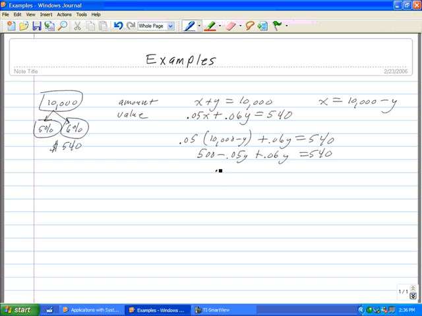Combining like terms, 0.01y plus 500 equals 540. Subtract off the 500. Get 0.01y equaling 40.